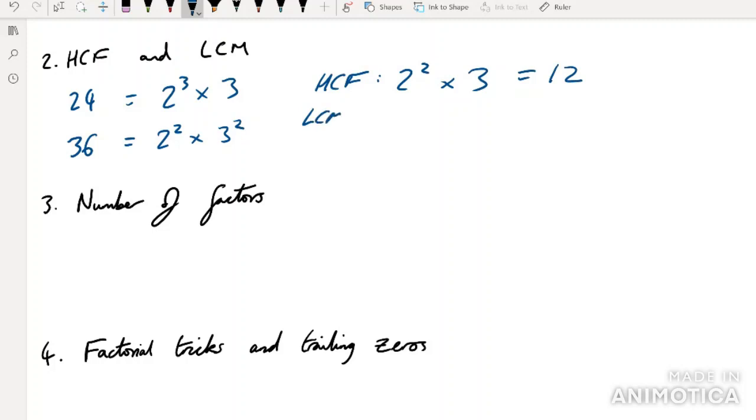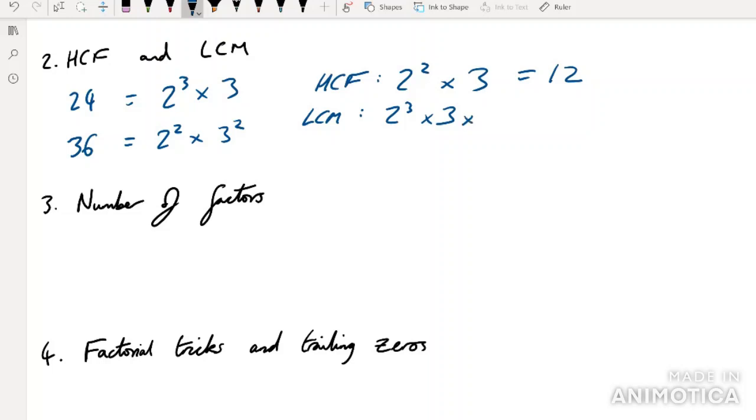And then the lowest common multiple is sort of the inverse of that. It's take any number that appears, but don't repeat it. If we start with the first number, 24, we've got a 2 cubed and a 3. We've already used up all the 2s because we've already got 3 sets of 2, so we don't need any of the 2 squared from 36. But we haven't got our second 3 for 36.